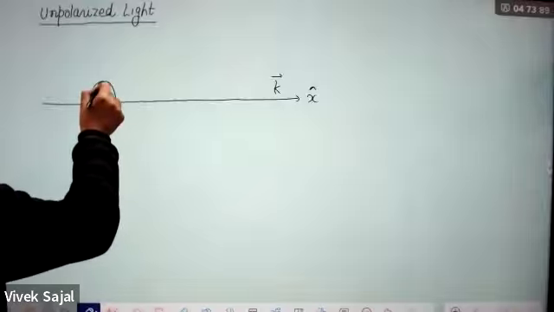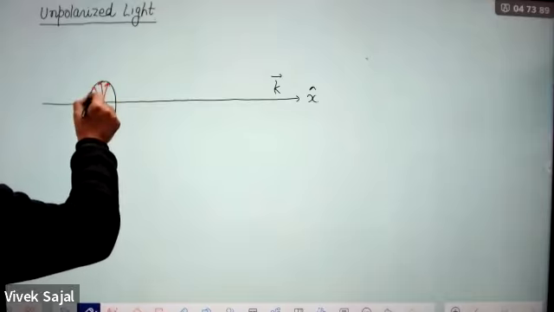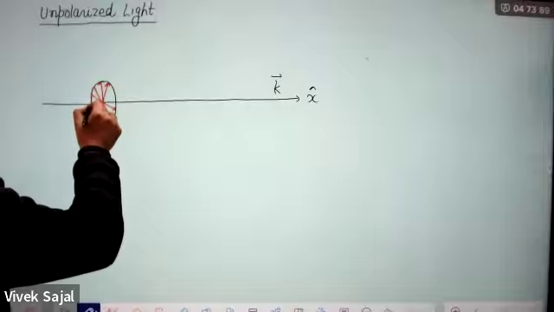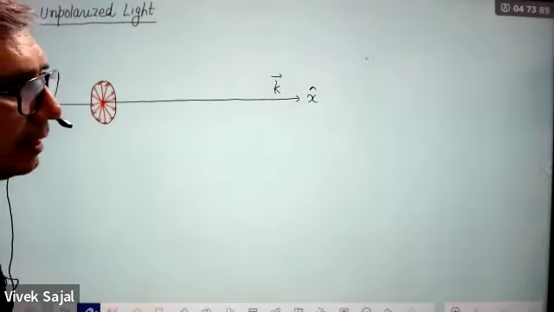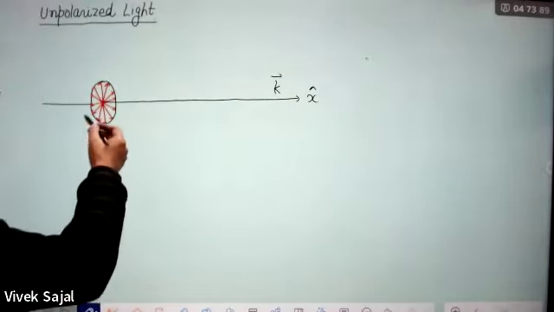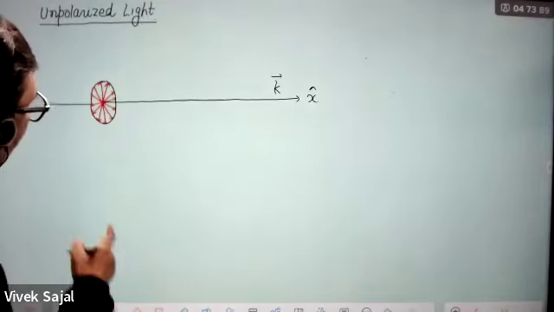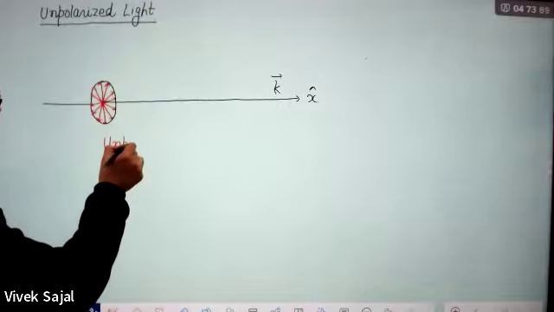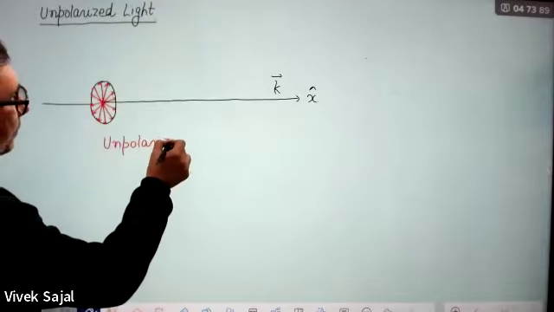Another electric vector is like this. So if light is like this, which is having electric vector in all possible directions perpendicular to k vector, then that type of light is called unpolarized light.